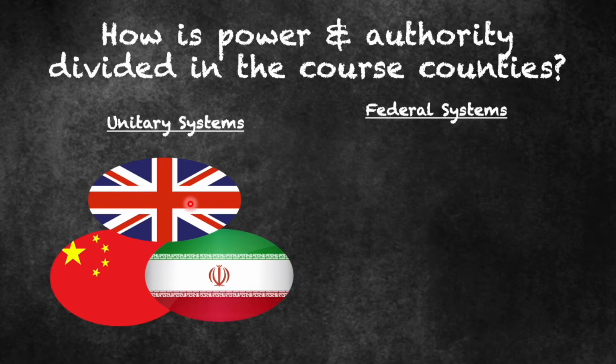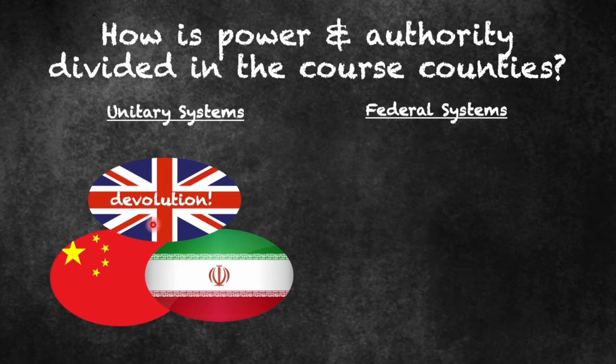The UK is also a unitary system, but we're going to talk more about that one in a moment. What these unitary systems have in common is that policy tends to be more unified. There is less room for regional differences because the centralized government maintains all of the authority to override any local or regional decisions.